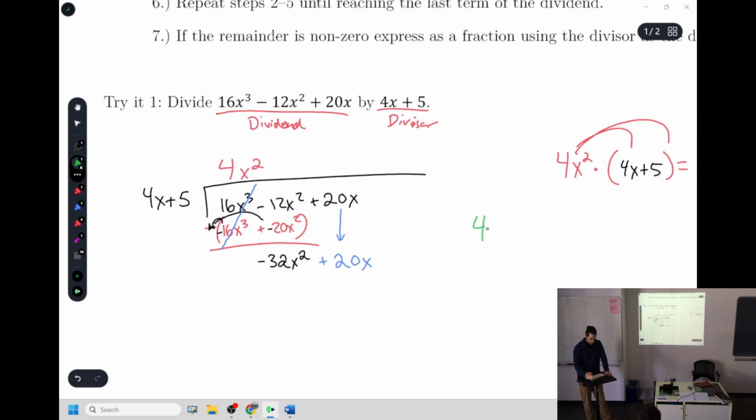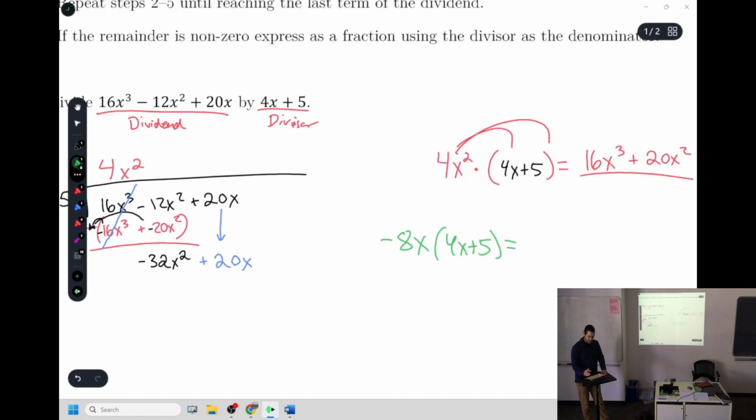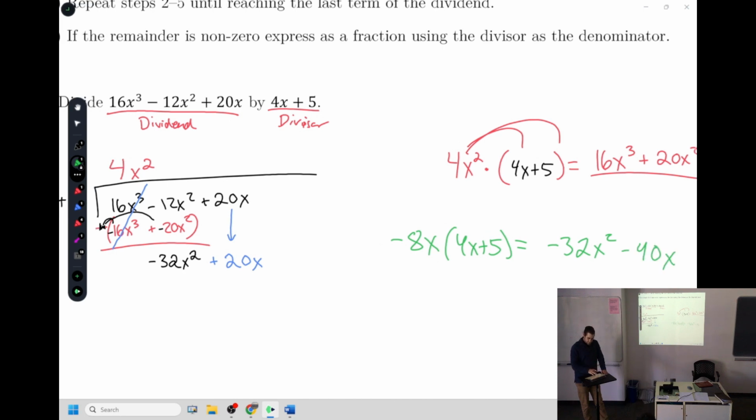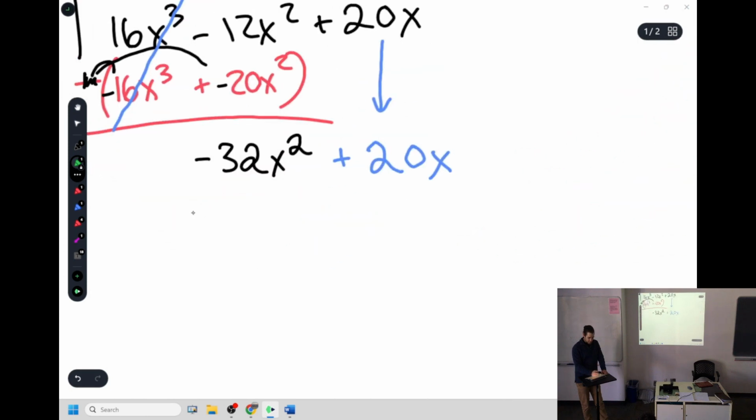So 4x squared times... Wait, no, that's not right. I was just copying up what was above. What did you say gets us there? Negative 8x times 4x plus 5? You're saying that's going to work out nice and neat? Be negative 32x squared minus 40x. They're going to work? Negative 32x squared minus 40x.